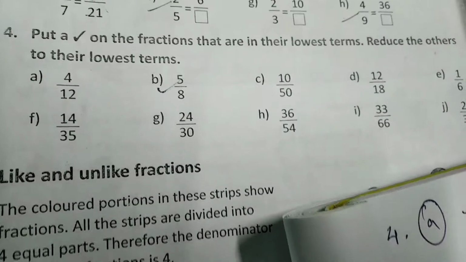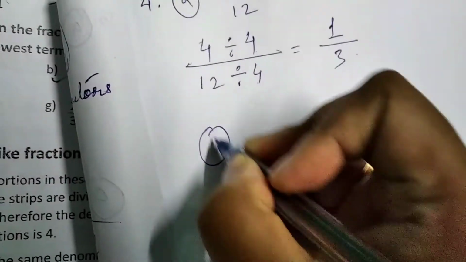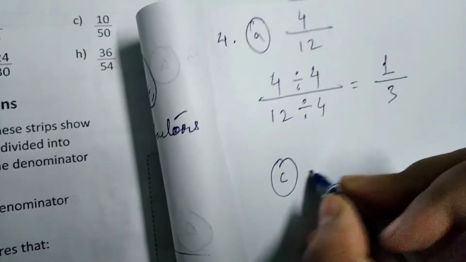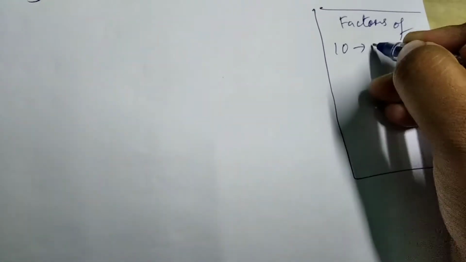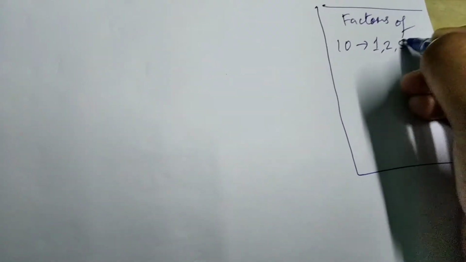Like that, let me do another one. I am doing C. For C it is given 10 by 50. Similarly, you find the common factors. Of 10 you got 1, 2, 5, 10.